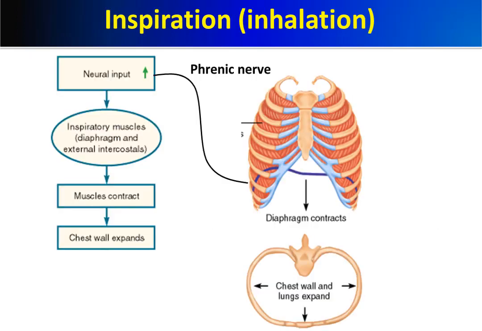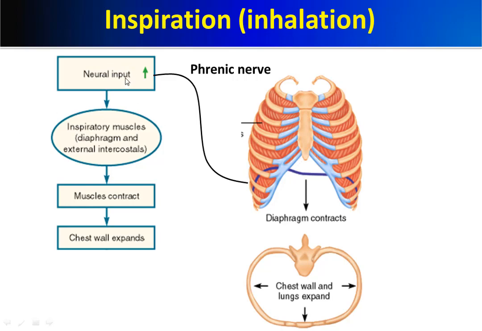Now let's describe the mechanics, the dynamics of the breathing cycle in detail. What happens during inspiration, which is also known as inhalation? The first step is a neural input from the respiratory center in the medulla oblongata.